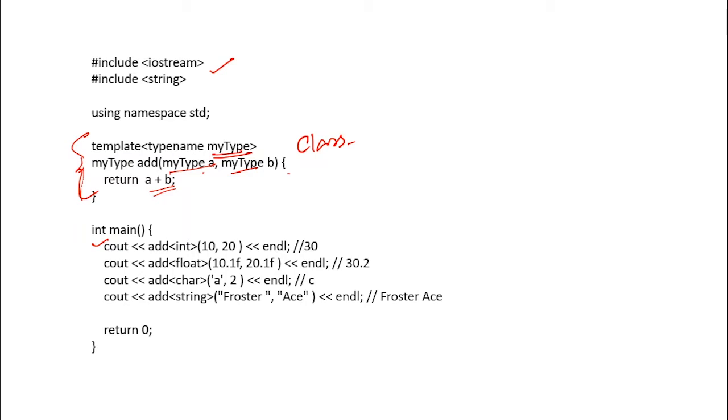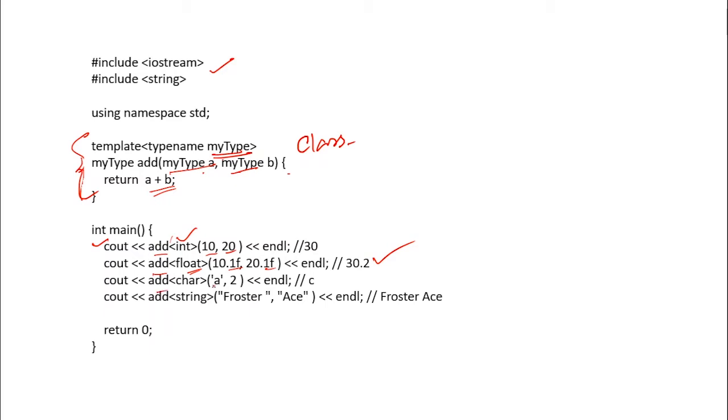So keep this in mind, that templates are nothing but placeholders that can take any value. For example, when I am calling add with integers, specifying that add is using integer, it's adding the integers and returning 30. But when I am calling add with float parameters, it's giving me a float result.